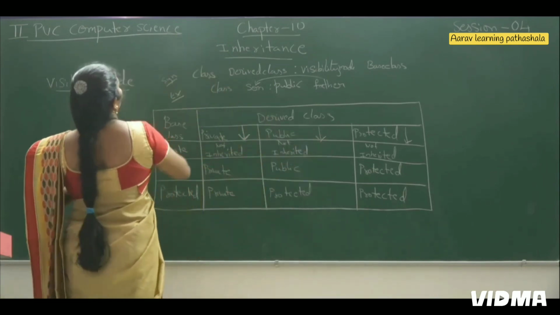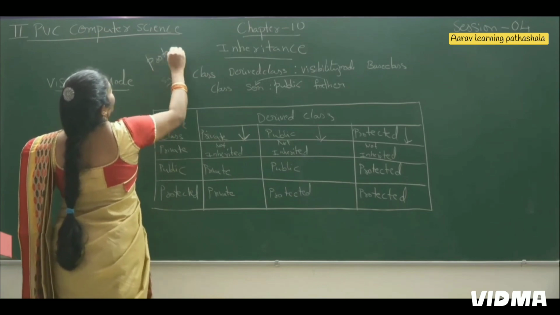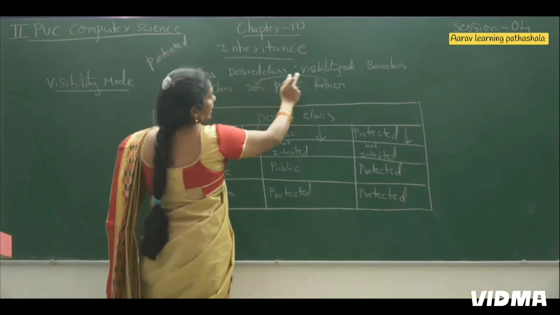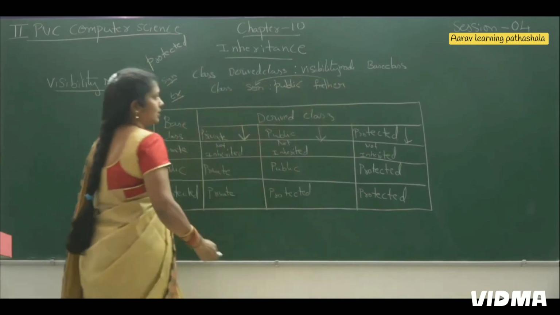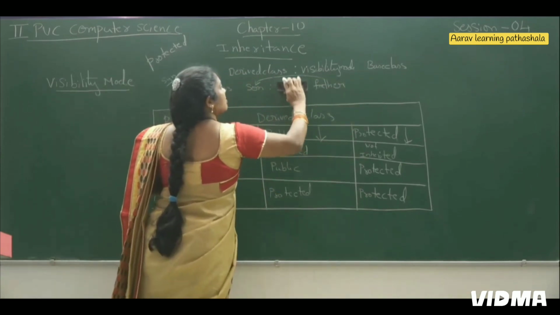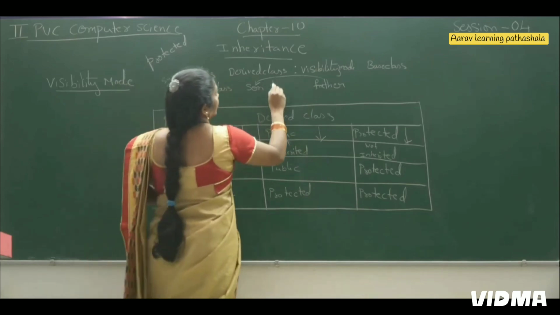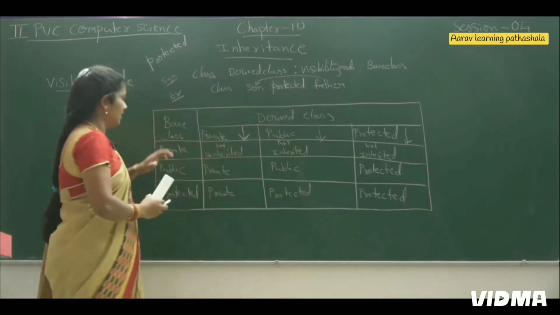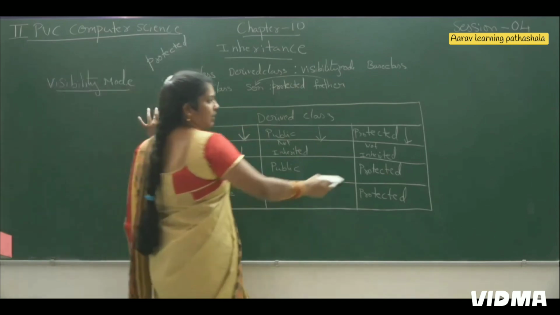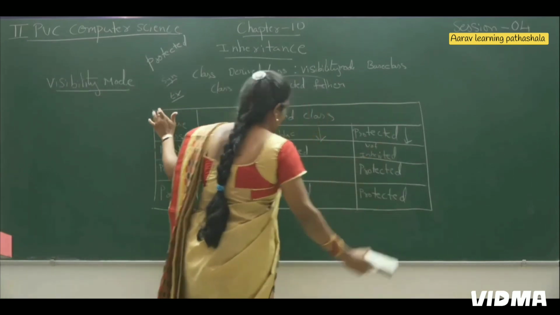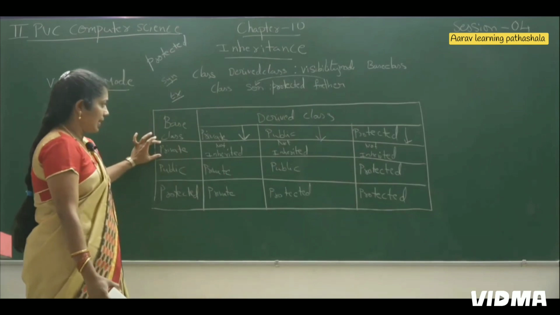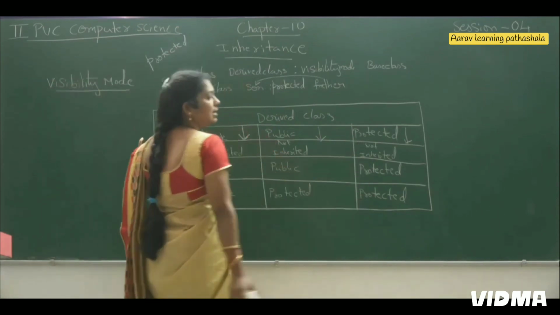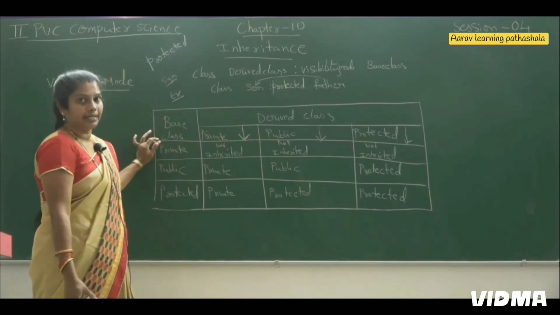In protected also, the syntax will be the same: class, derived class, visibility mode, then base class. While writing the visibility mode, here you have to write protected. See? While explaining this, write it down and explain column wise. If the base class members are private, then in the derived class they cannot be inherited.